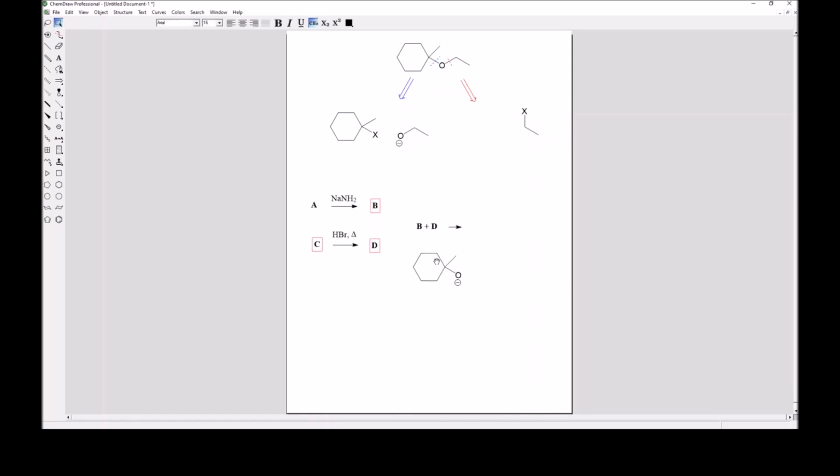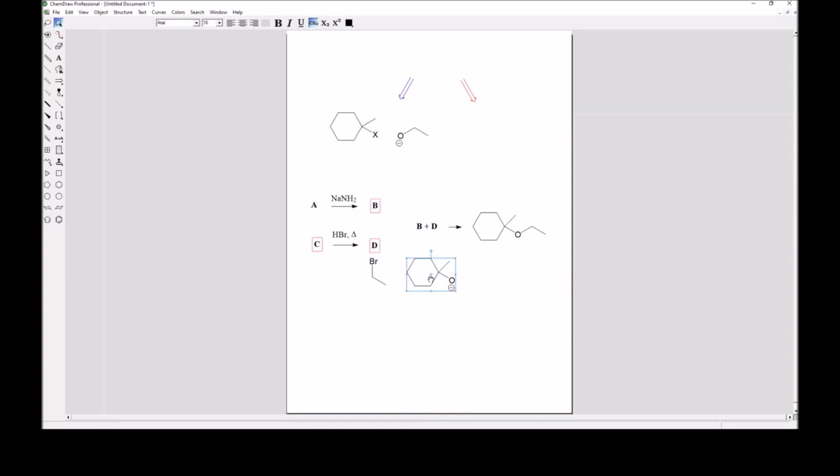So that means that one of these is B and one of these is D, and then this is the final product that I'm going to make out of this reaction. Okay? So we're going to combine this compound with this compound, an alkoxide with a primary alkyl halide to get my ether. The B right here, this compound that has a bromine has to be made by adding hydrobromic acid.